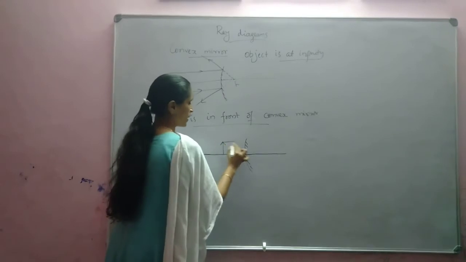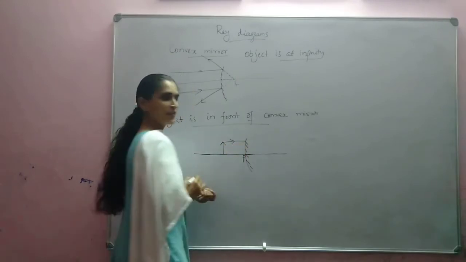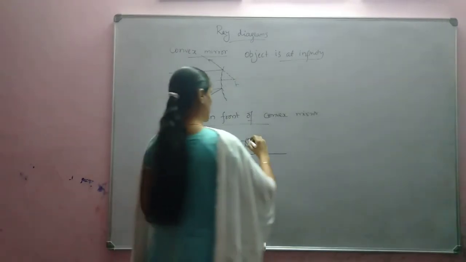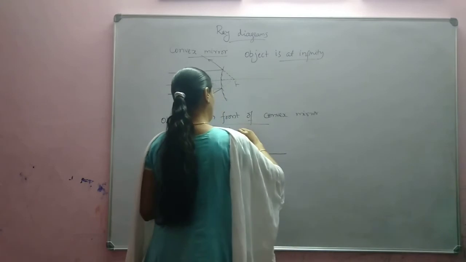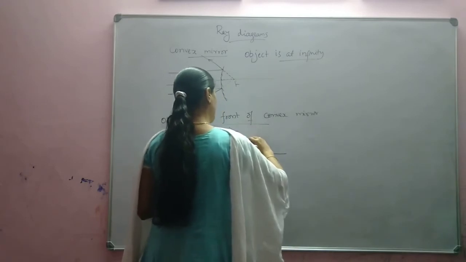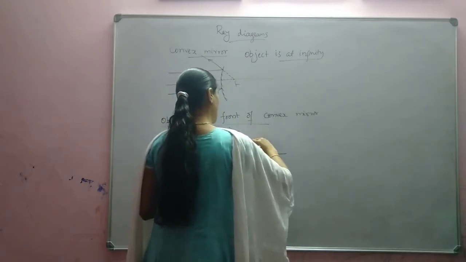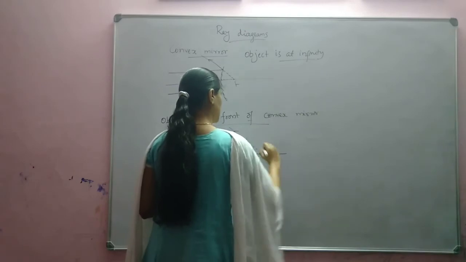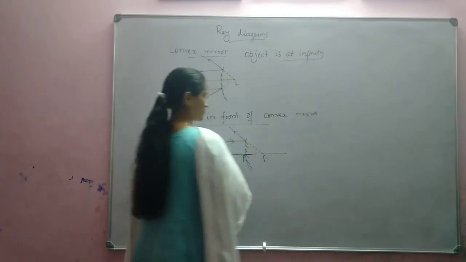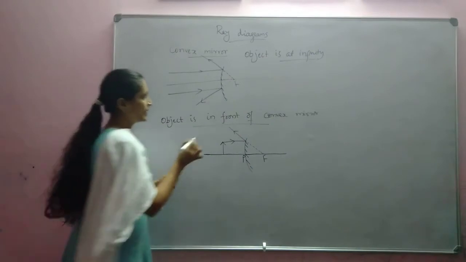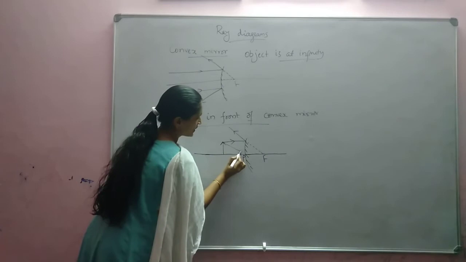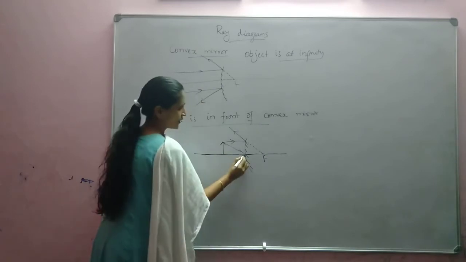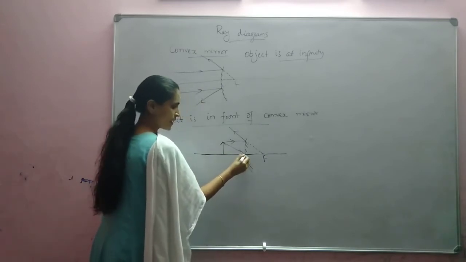So a ray parallel to the principal axis. What will happen to that ray? It appears to come from the focus. So this will be reflected in such a way that it will appear to come from the focus. Now a ray which makes some angle with the principal axis, the reflected ray also will make the same angle.